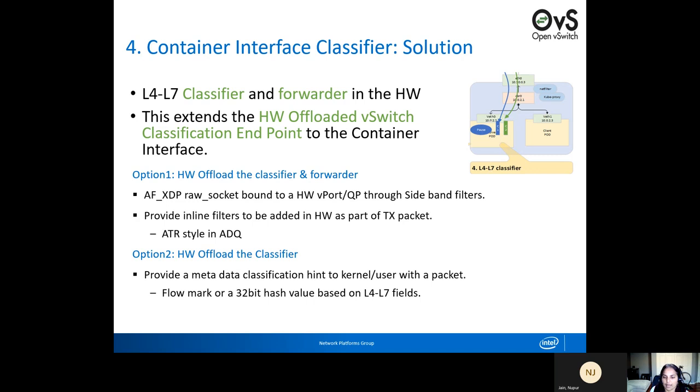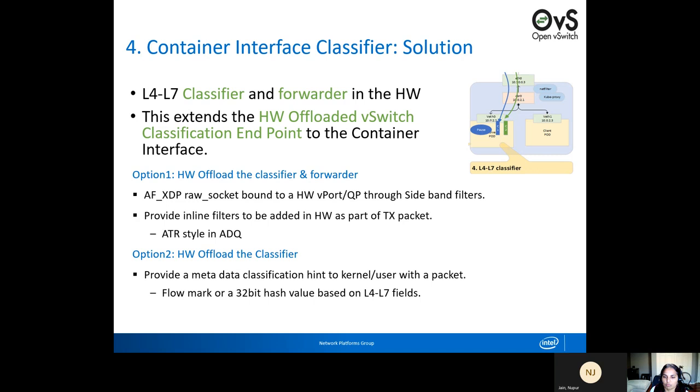The other solution is that we do only offload of the classification, but not of the forwarding. In this case, the hardware can provide a flow mark or a 32-bit hash value in the prepended metadata, like in the AF_XDP buffer, and that can then be used by software to do the forwarding.